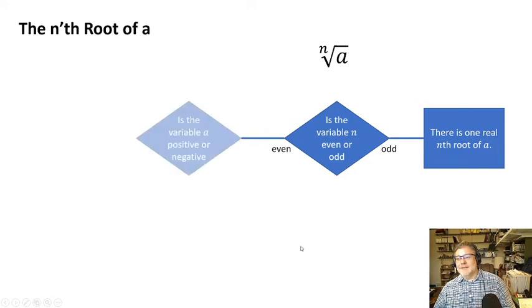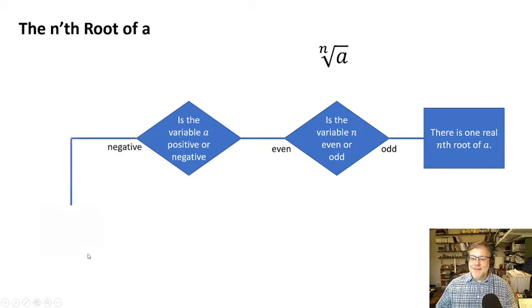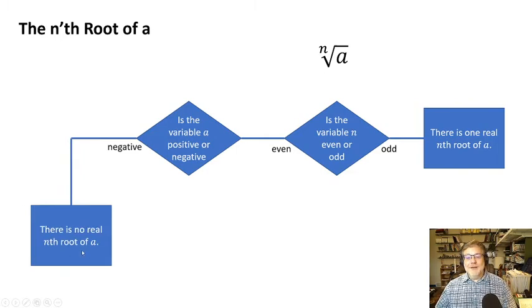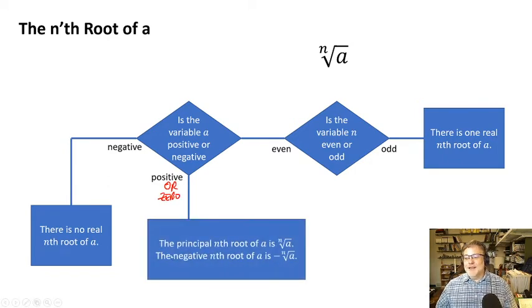What if n is even? Then we have to ask whether a is positive, negative, or 0. If it's negative, then there's no real nth root for a. And for positive, or 0, the principal nth root of a is the nth root of a, and the negative nth root of a is the negative nth root of a.